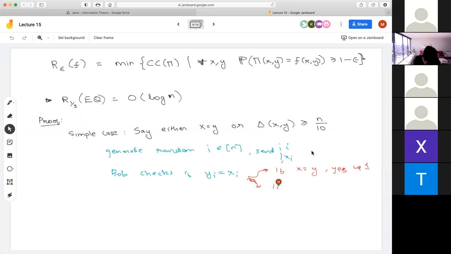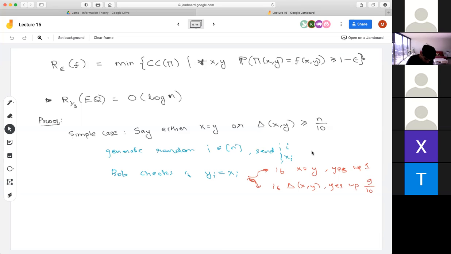And if they are far apart, then the answer will be no with probability at least 1/10. So the correct answer is given in this case with probability at least 1/10. Or the answer will be yes with probability at most 9/10.